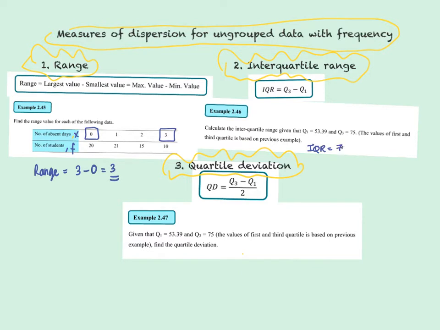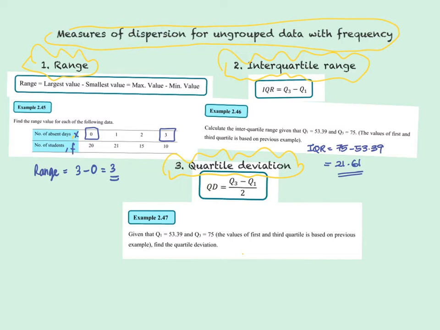Quartile 3, which is 75, minus quartile 1, 53.39. The final answer that we are going to get here is 21.61. So this is the interquartile range, or the difference between quartile 3 and quartile 1.